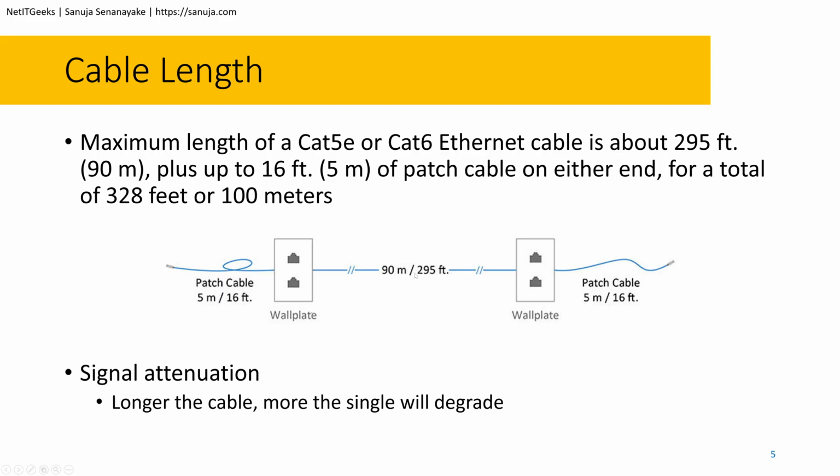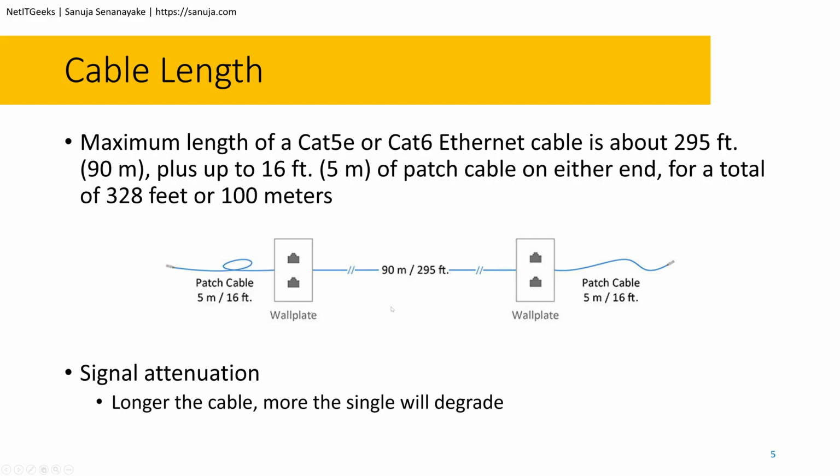We typically only go a maximum of 90 meters. Why? Because from the patch panel to your router or switch, we can put up to 5 meters of patch cable, and from the wall plate to your device, we can put up to about 5 meters or 16 feet of patch cable. Hence, the total adds up to 100 meters or less.